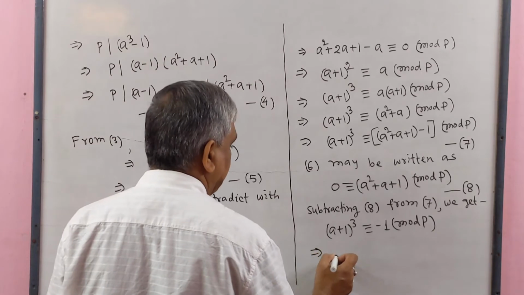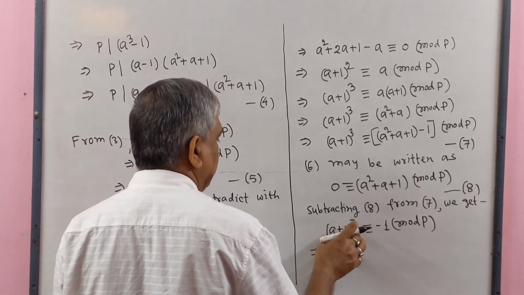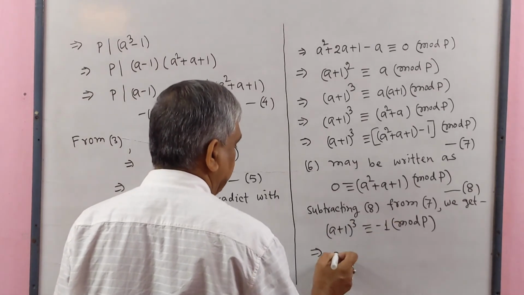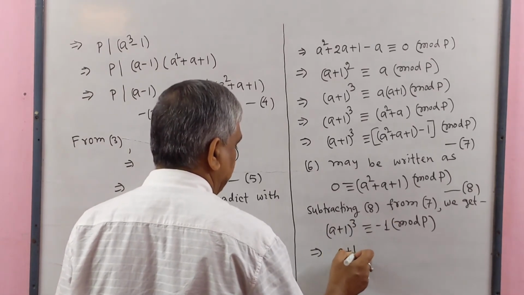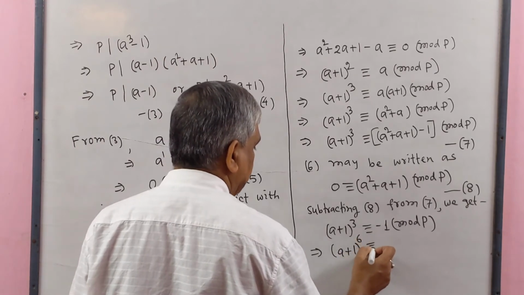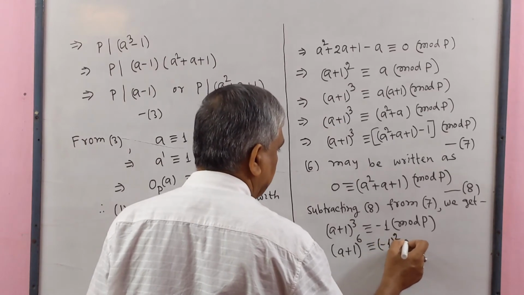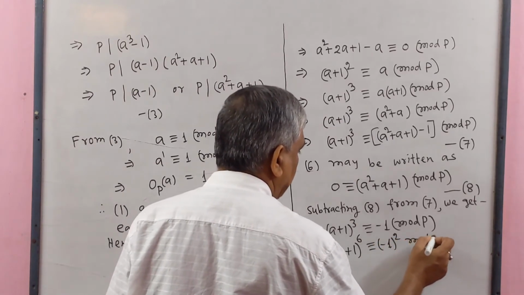Implies that if we take square on both sides, then on the left side we get a plus 1 whole to the power 6 is congruent to minus 1 whole square modulo p.